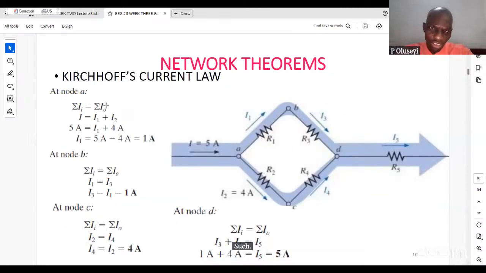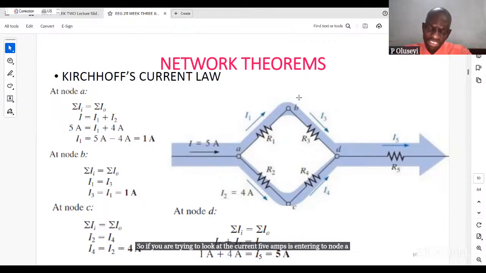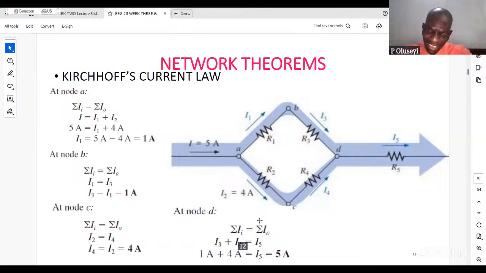So if you look at this, we still have the same situation here. I think I've given you this before. 5 amps is entering node A. I1 is leaving node A, and I2 is leaving node A. We didn't give the value of I1, but you were given the value of I2, so you should be able to get the value of I1 from that.